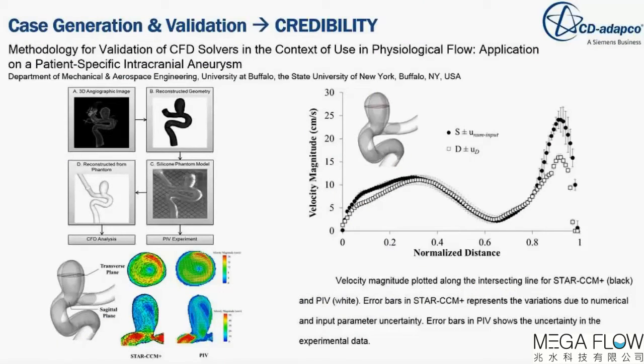Here's another example that we did with the University of Buffalo in the US on intracranial aneurysm rupture prediction. So this was a comparison with 2D PIV data, and we got good agreement on the first shot and are further improving that, probably looking at 3D PIV. So again, back to the work with ASME and MDIC and others, validation is crucial and verification of the code just as well.